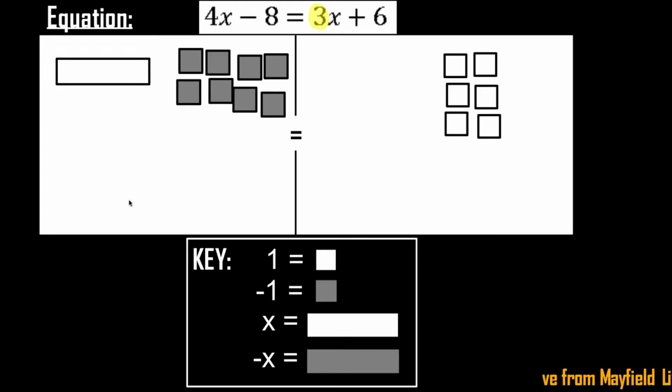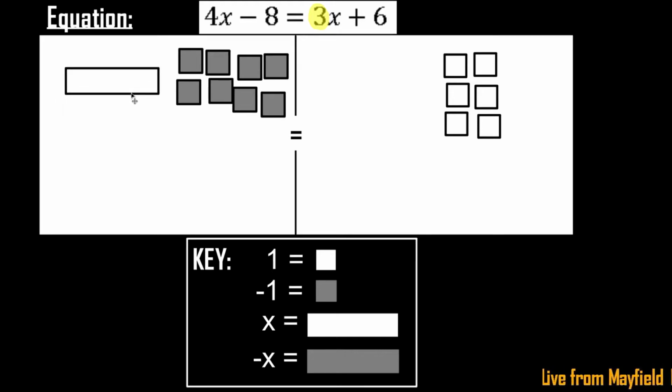Okay, so what can we do now? Just like in the warm-up, you want to make sure you can get all the variables to one side, which we did. We have the variable on the left here. Now we want to get all the constants on the other side, so that we get a variable equals a value. How do we get rid of the 8 negatives? Well, we add the opposite. What's the opposite of 8 negatives? That's right, 8 positive.